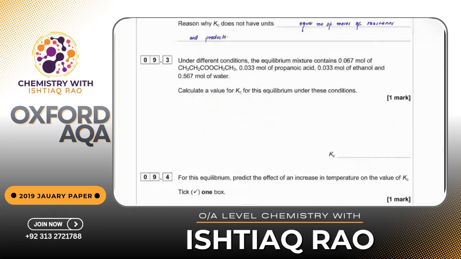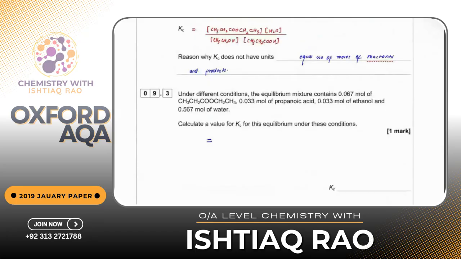Okay, one more. Calculate a value for Kc for this equilibrium under these conditions. They have given you all the moles. I need to just put it in that equation. Ester is 0.033, water is 0.567, ethanol is 0.033, and acid is 0.033, the same thing, and ester is 0.067.